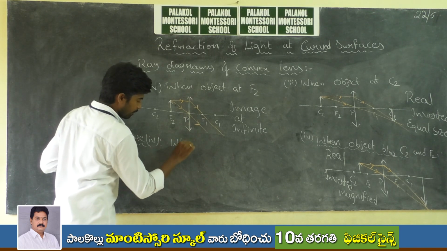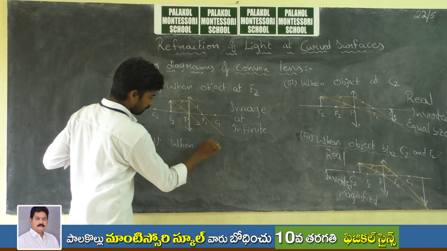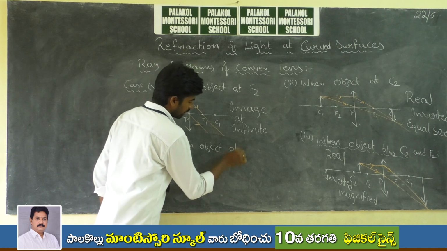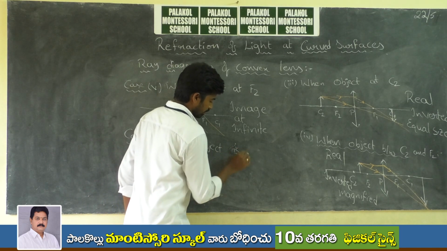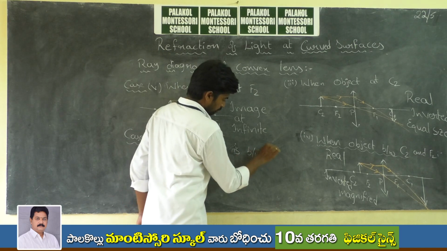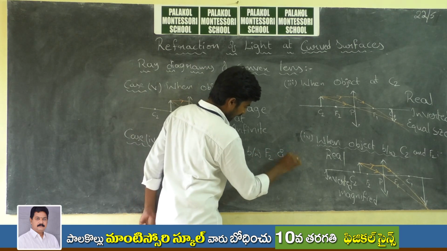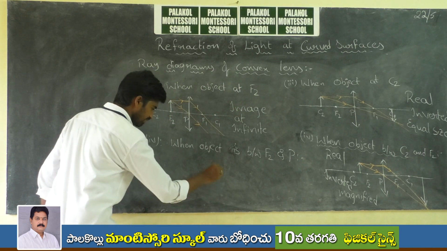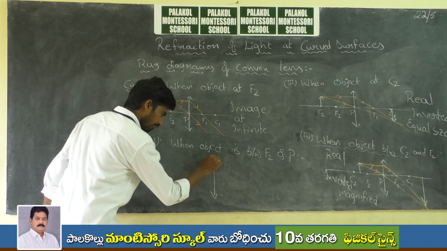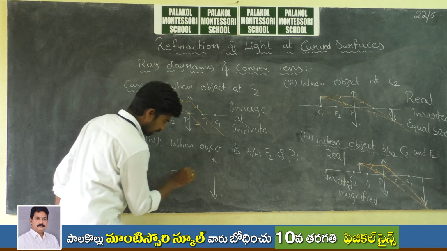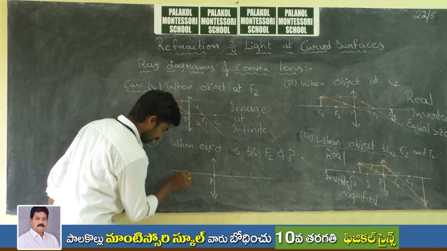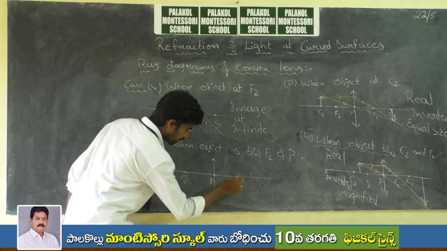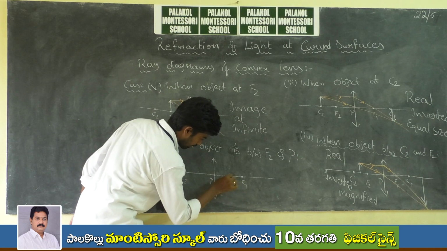Now, when the object is between focus point F2 and pole P, I have considered a convex lens, and the line joining the pole and center of curvature is called the principal axis.